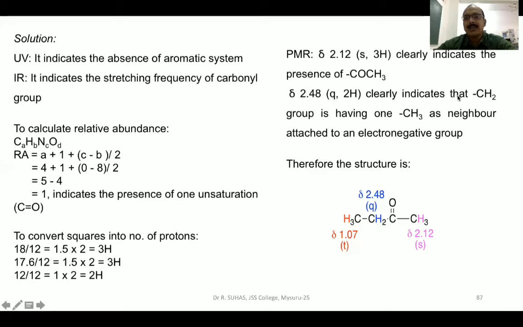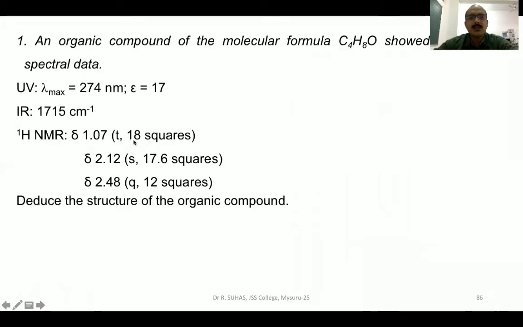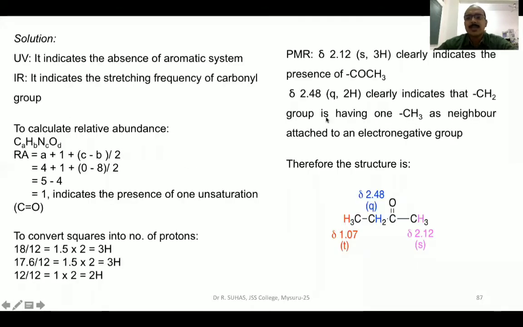It clearly indicates that a CH2 group has one CH3 as neighbor and is attached to an electronegative group. This 2.48 quartet along with the 1.07 triplet is, as I told you, the characteristic feature of an ethyl group. So CH3, CH2. Therefore, the structure can be CH3CH2COCH3.